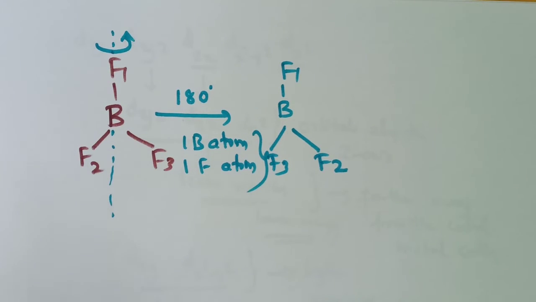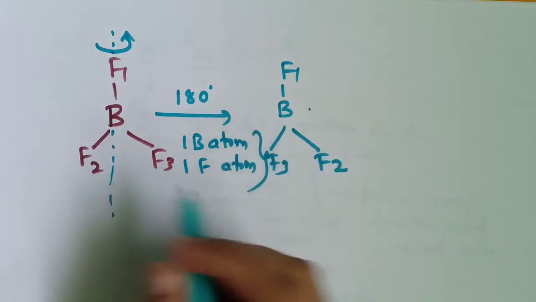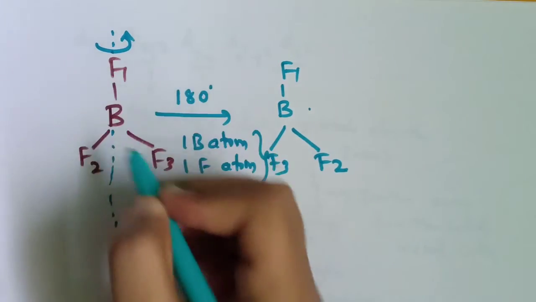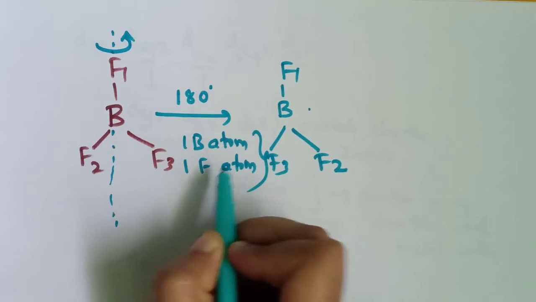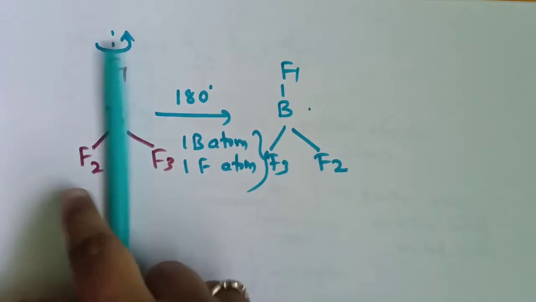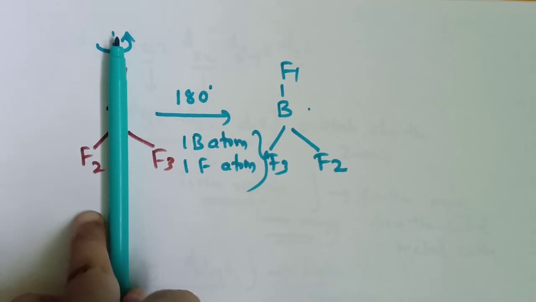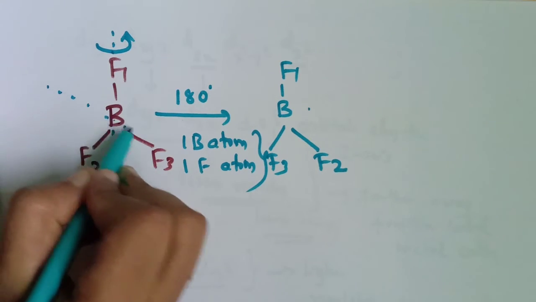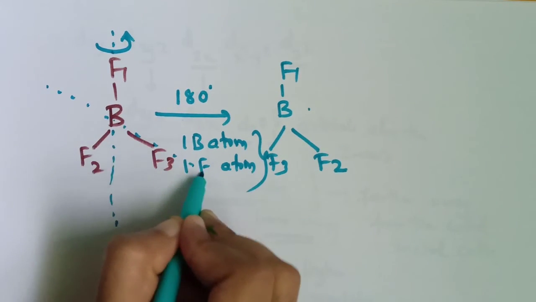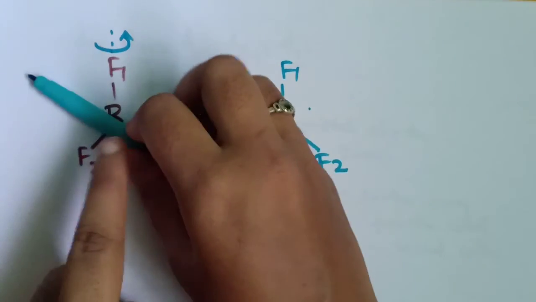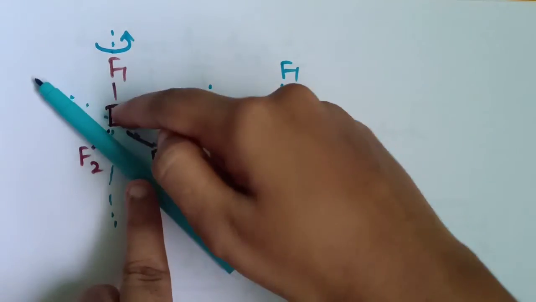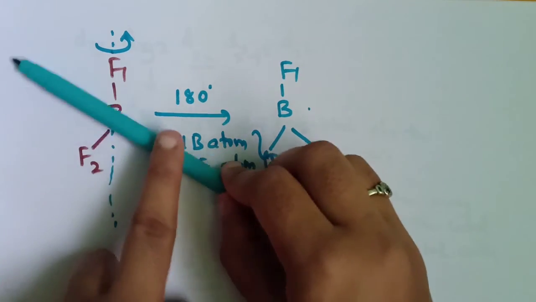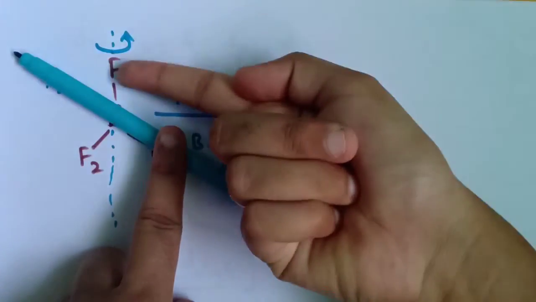Now it is the axis possessed by the molecule. By rotating one B atom and one F atom on its own axis, this F2 will come to this side, and this F3 will go to that side. Imagine if we remove this axis and pass an axis like this, keeping the B atom and F3 rotating on their own axis, this F2 will go to this side and this F1 will come to this side.